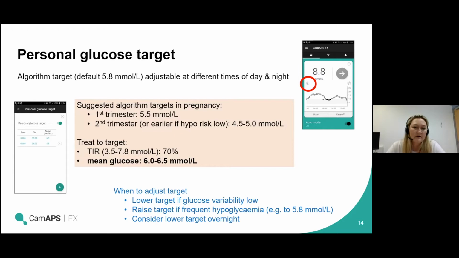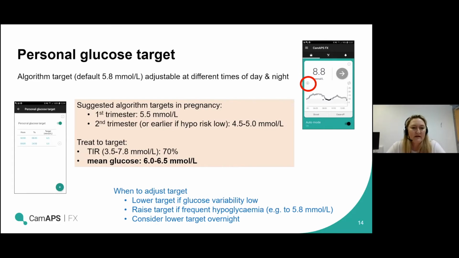Then in the second trimester, dropping it down to 4.5 to 5. And also perhaps looking to have a slightly lower target overnight than during the day. Maybe 5 might feel comfortable during the day, but you could run, say, 10 p.m. through to waking up at 4.5 when there's less variability, to run a bit tighter overnight. That can also help get things in target pre-bed if things have been slightly higher post-evening meal.